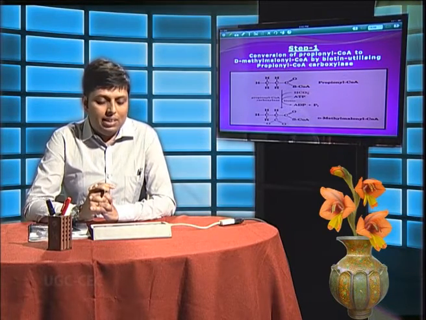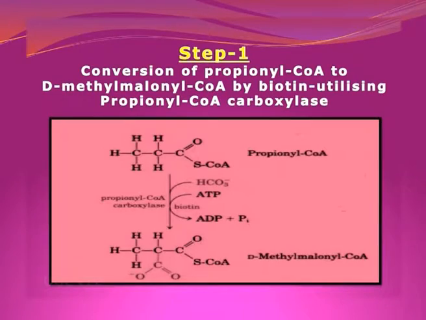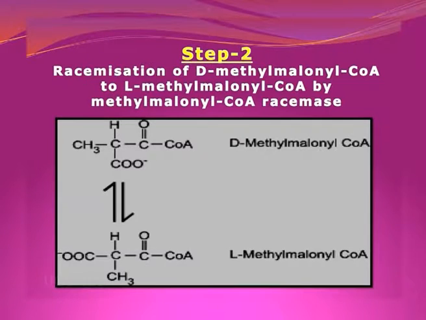So coming to the stepwise discussion of the methylmalonate pathway, as this slide shows, this is step number 1, where propionyl-CoA gets converted to D-methylmalonyl-CoA with the help of the biotin-dependent enzyme propionyl-CoA carboxylase. Coming to step number 2, the D-methylmalonyl-CoA is converted to L-methylmalonyl-CoA by the enzyme methylmalonyl-CoA racemase.